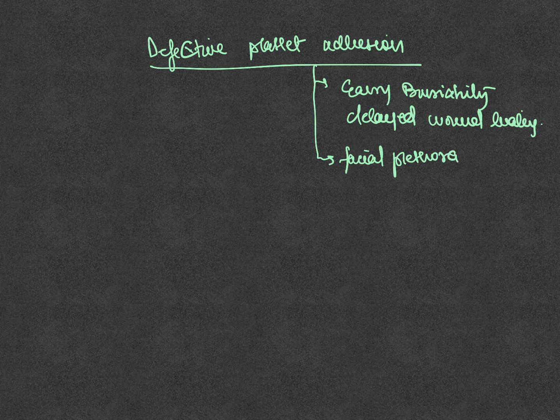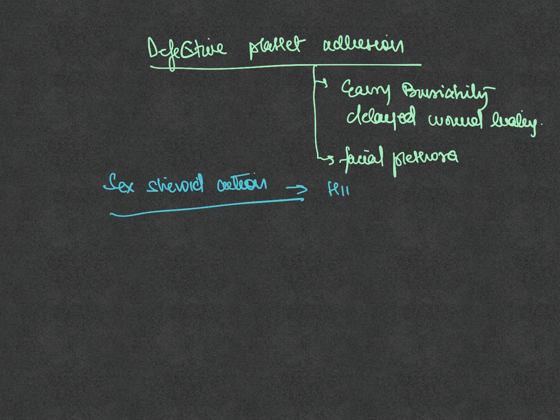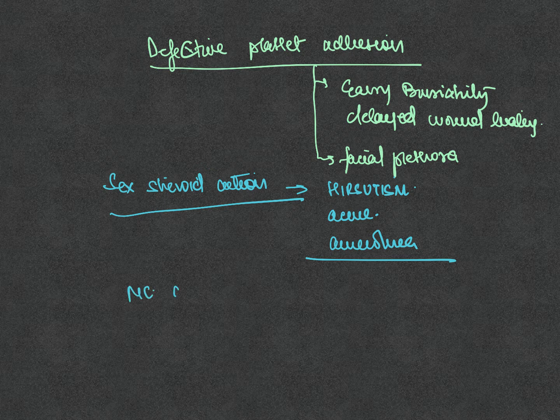Then because of some sex steroid action, it is going to have hirsutism, acne, and amenorrhea. Okay. After that, because of mineralocorticoid action, there is going to be hypertension, metabolic alkalosis, and hypokalemia.